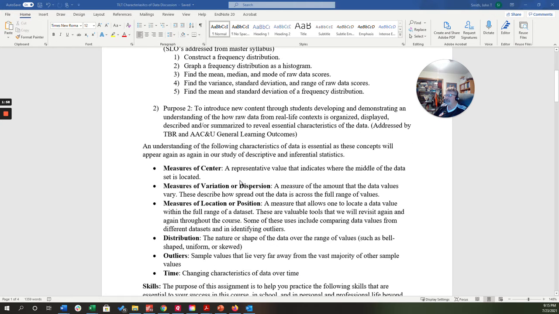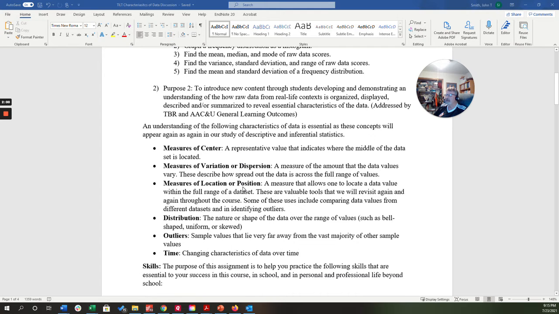So here are these characteristics of data, and students will have a handout with these in class that I'm going to show you in just a minute. But essentially, an understanding of the following characteristics of data is essential, as these concepts will appear again and again in our study of descriptive and inferential statistics.